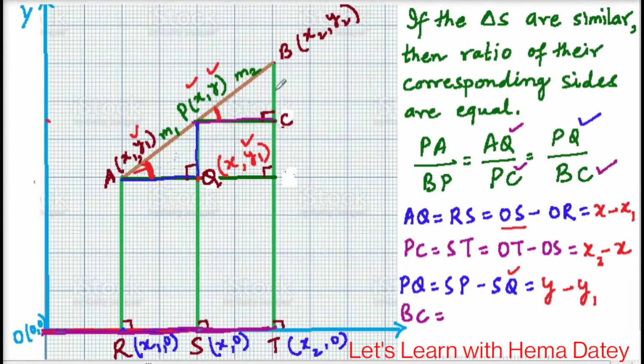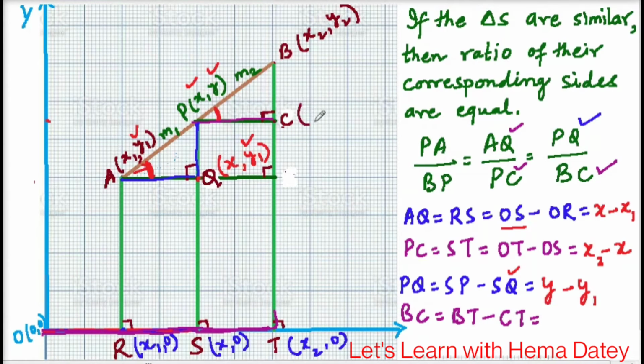Let's find out last BC. BC is BT minus CT. So BC equals to BT minus CT.